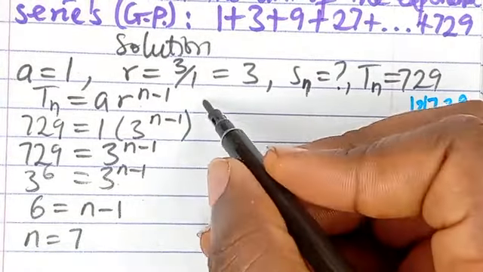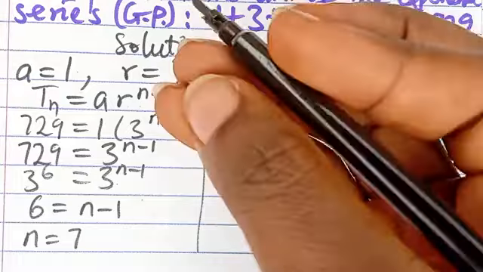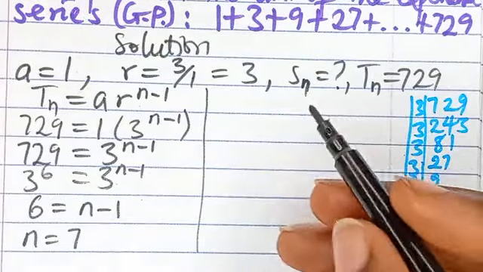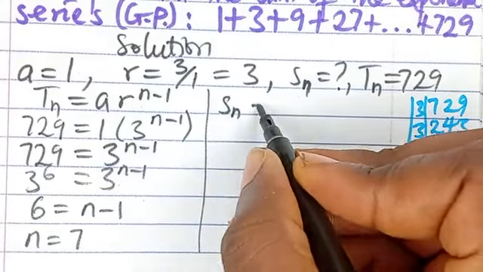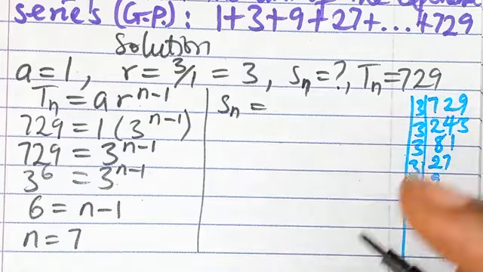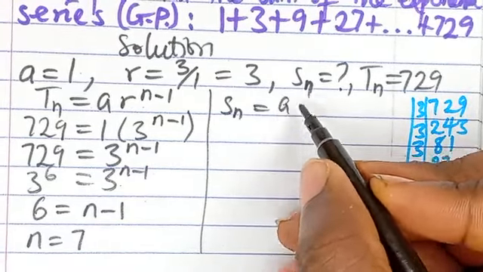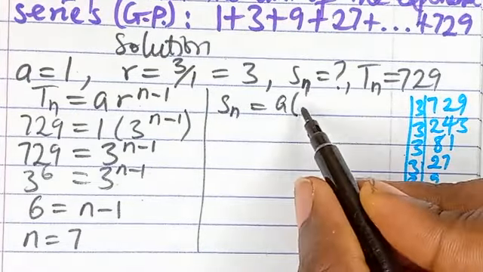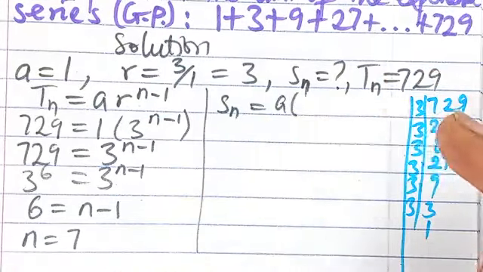Okay. So we found the number of terms from the general formula of a GP. Now, for us to write the formula for the sum of the terms, Sn, the general formula for the sum of terms in a GP series, is equal to A into. Now, for us to write what comes next, we have to check the common ratio of this GP.